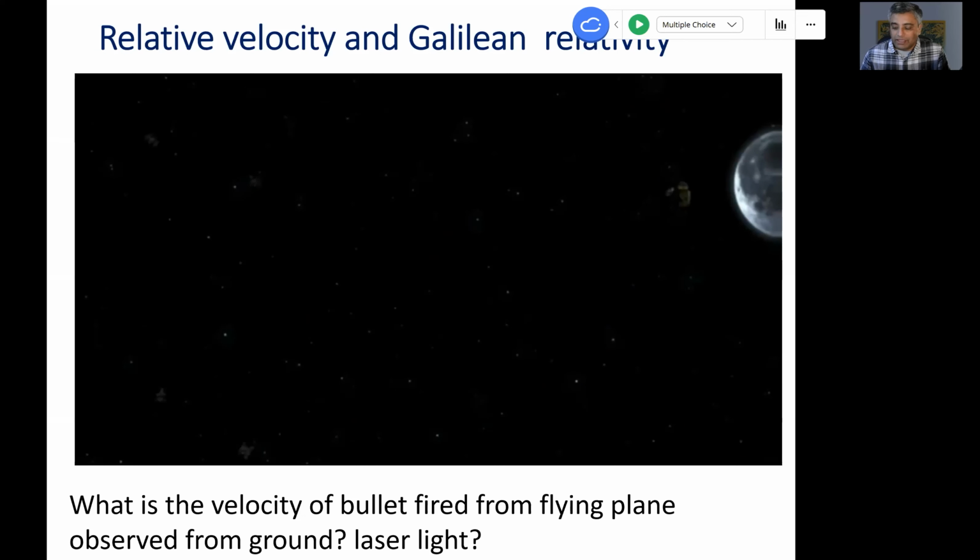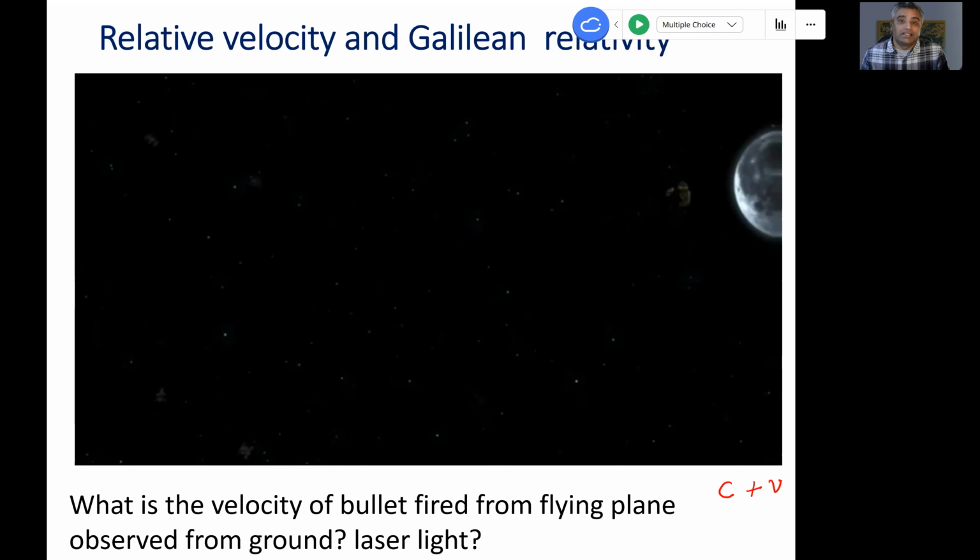So the speed of light should be whatever speed it has, c, 300,000 kilometers per second, plus the speed of the plane. So that's what the observer on the ground should observe, right? Just like the speed of the baseball. The observer on the ground observed, right?